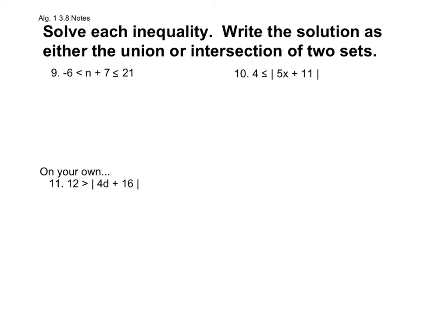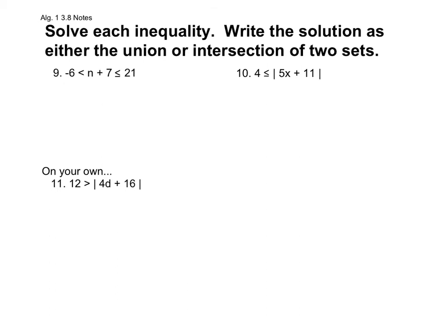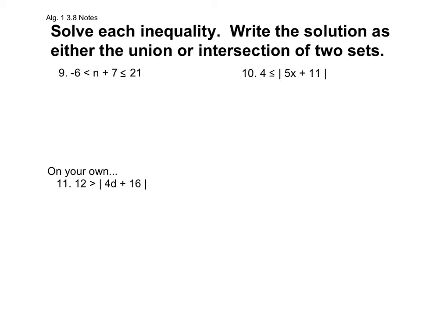Okay, solve each inequality. Write the solution as either the union or intersection of 2 sets. So first I need to manipulate this algebraically by subtracting 7 from all 3 pieces. When I do that, I get -13 less than n less than or equal to 14.